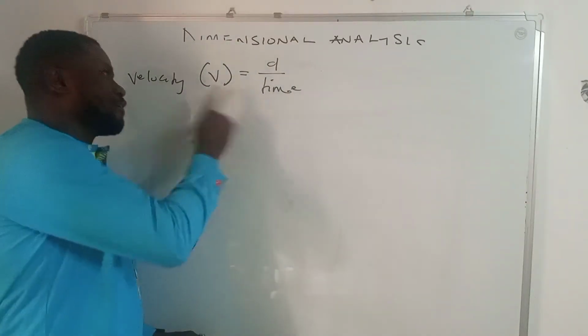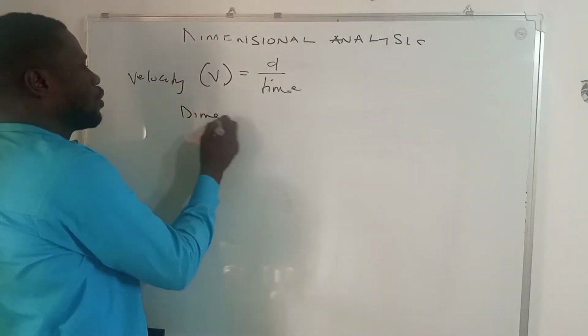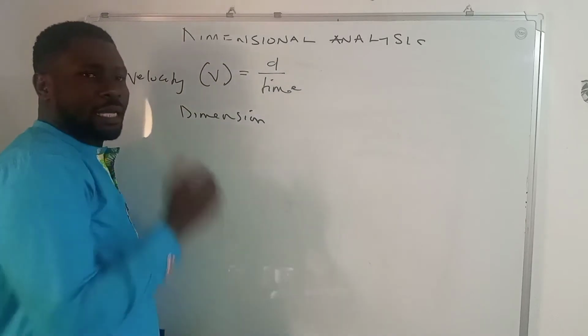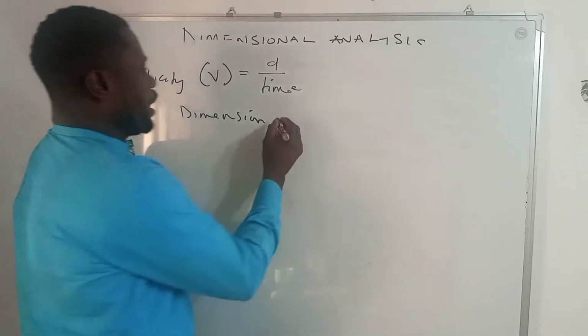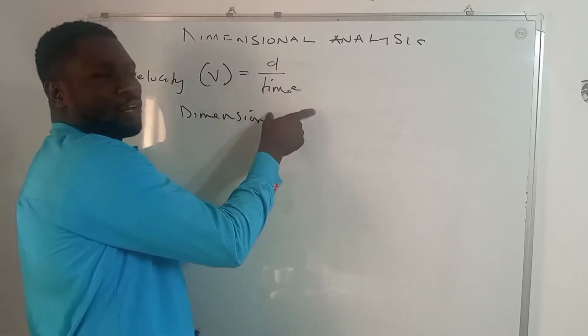If you have remembered this formula, then the next thing is to say dimension. We want to now know the dimension of velocity. The dimension of velocity will therefore be equal to, you follow the formula. The formula says displacement all over time.